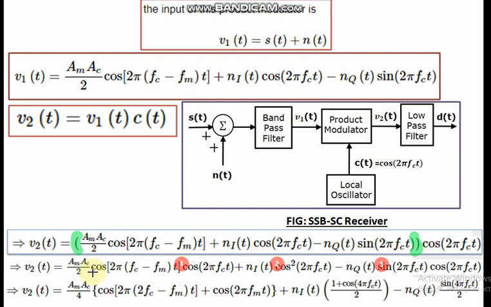Here it is, the formula of cos C cos D is equal to 1 by 2 cos C plus D plus cos C minus D. When you do cos C plus D, so fc minus fm plus fc, you will receive cos 2 pi 2 fc minus fm, and at the place of cos C minus D, the fc minus fm minus fc will cancel each other, and only cos 2 pi fmt you will receive.